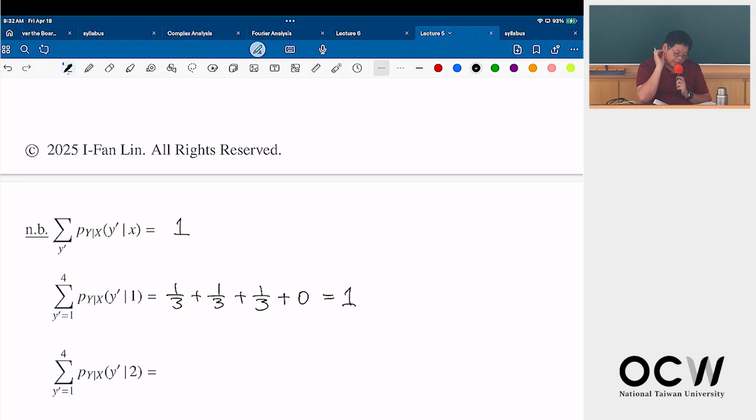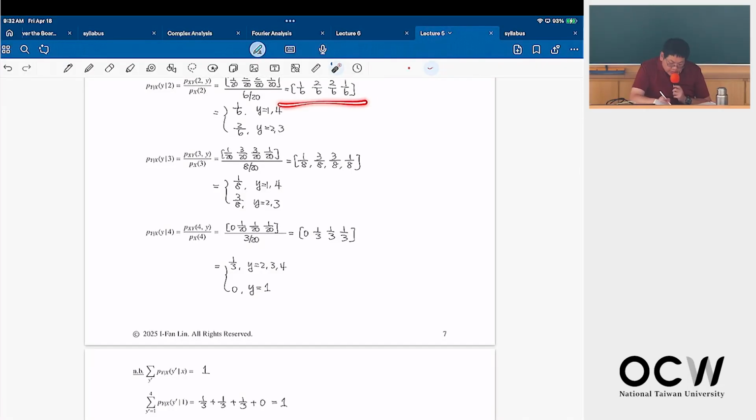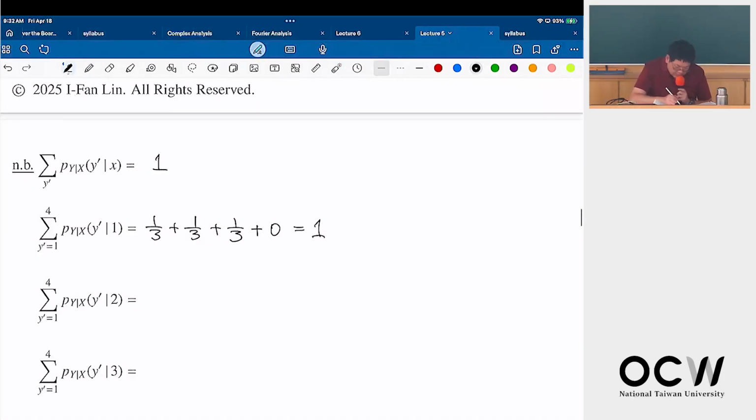When x equals 2, if I do the summation, it'll be 1/6 plus 2 over 6 plus 2 over 6 plus 1/6. That is also equal to 1.